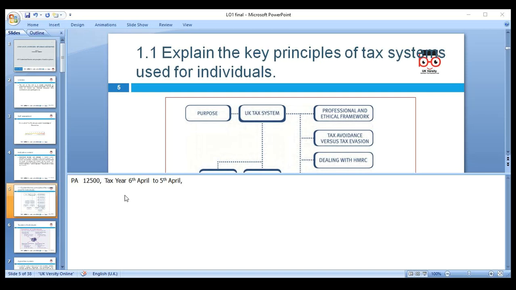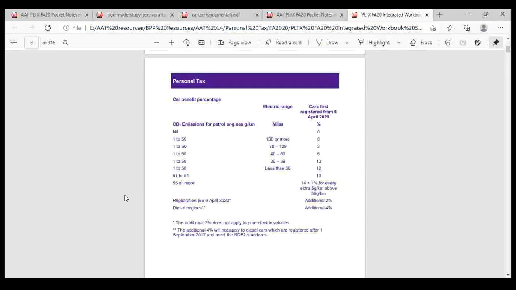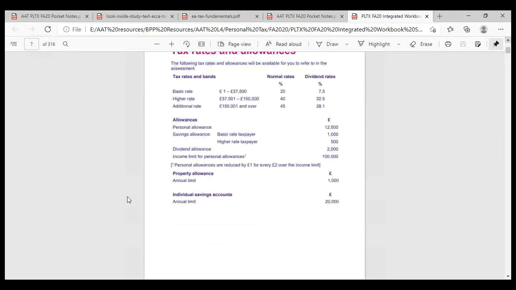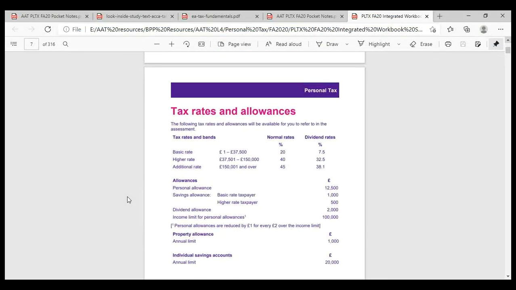I'll share with you. Okay, I'll send you this. So these are the rates and the rules which we need to apply normally in tax. So basic tax is 37. Yes, it's not changed, according to the Finance Act I'm using.